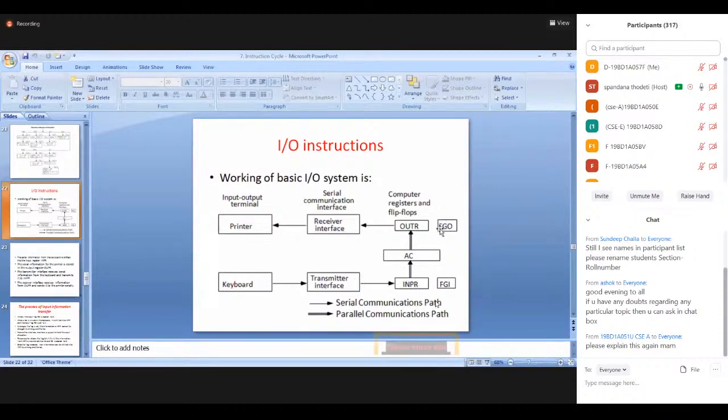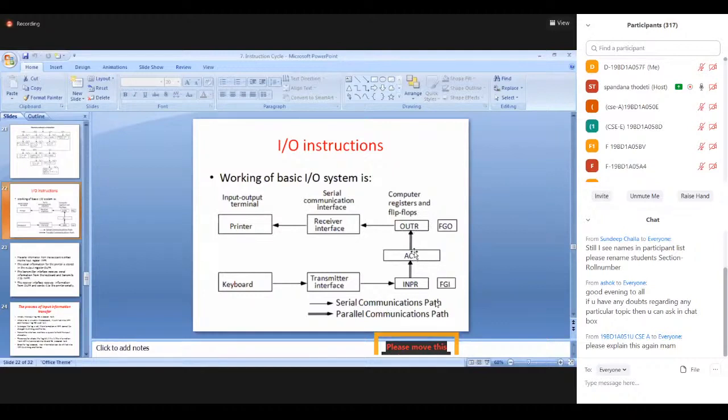Now, initially the value of FGO is set to 1. Whenever FGO is 1, the OUTR register can accept the output character.